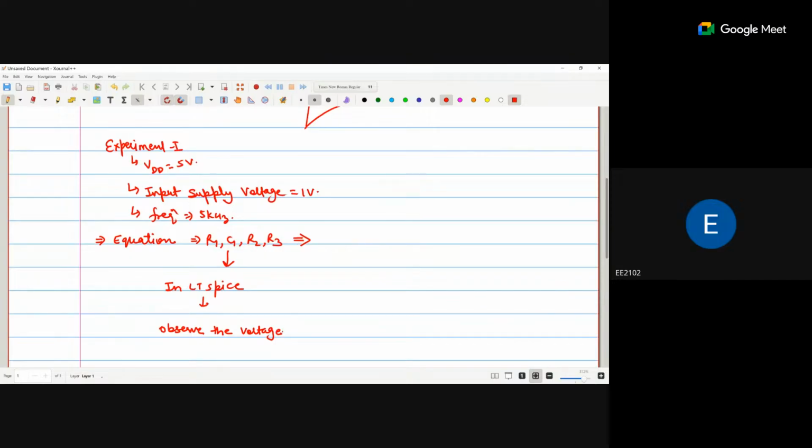Second task is that you have to use these R1, C1, R2, R3 on a breadboard. You have to prepare the circuit on a breadboard.